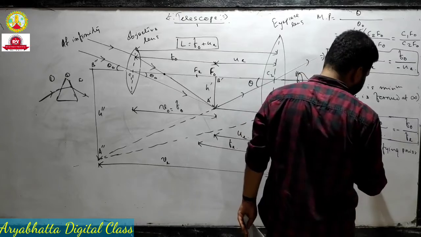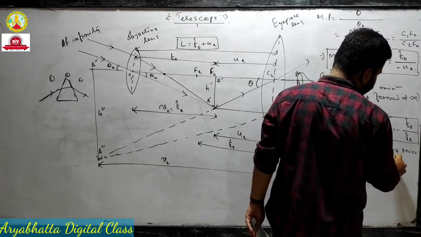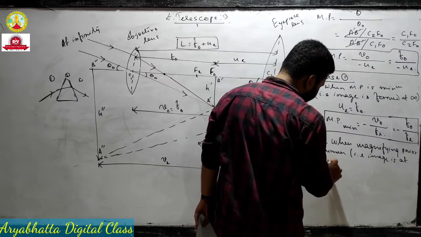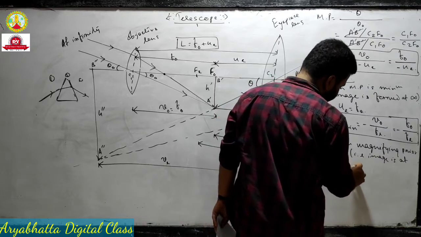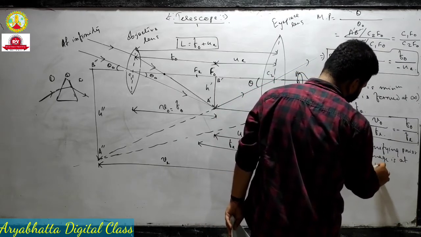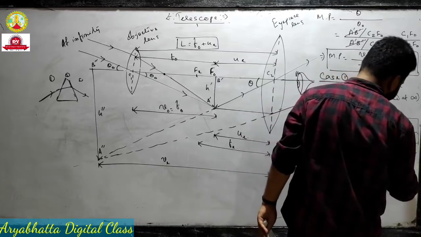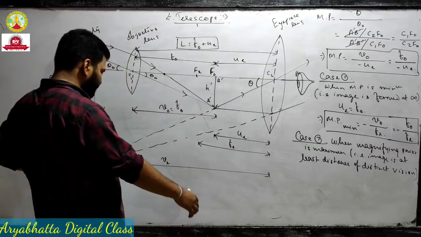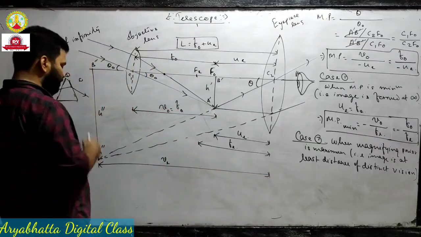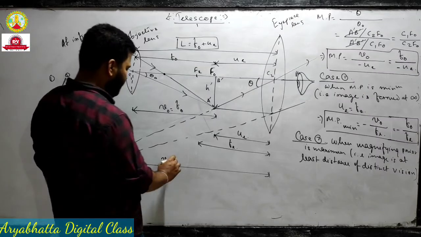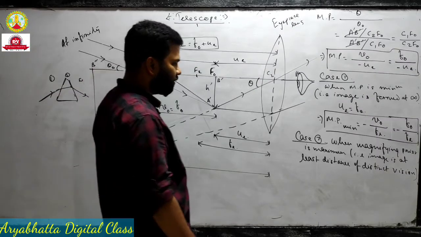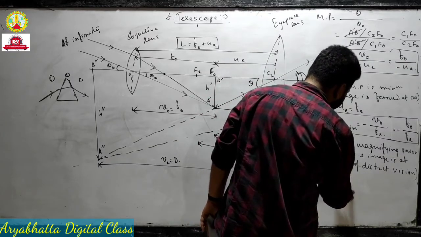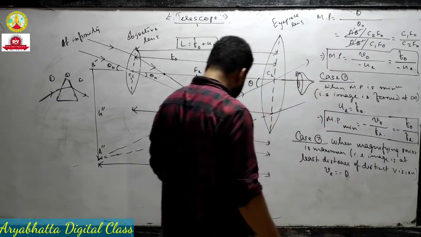That is image is at least distance of distinct vision. Least distance of distinct vision matlab this final image must be at D. So here I can write that VE must be equal to minus of D.